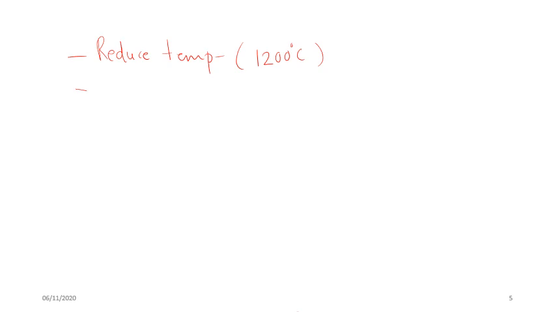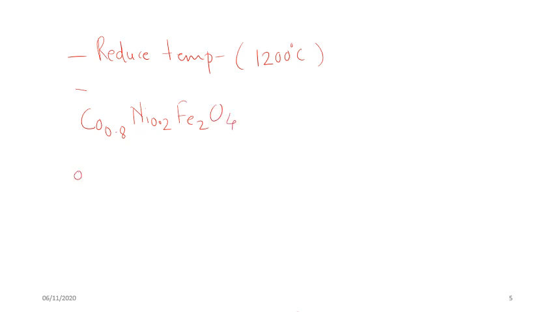Okay, so there are many things that we can do. For example, if I want a compound like Co0.8 Ni0.2 Fe2O4, suppose I want to synthesize such a compound.